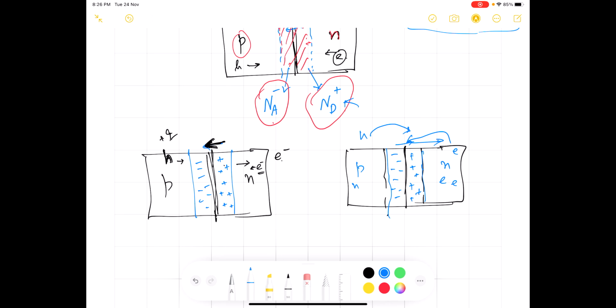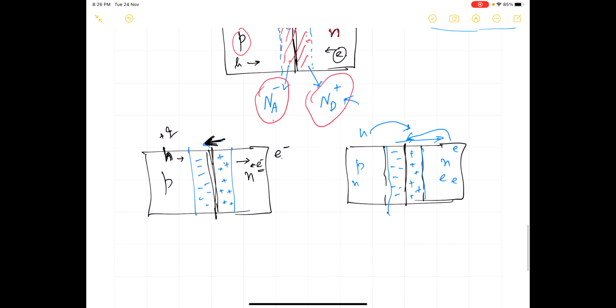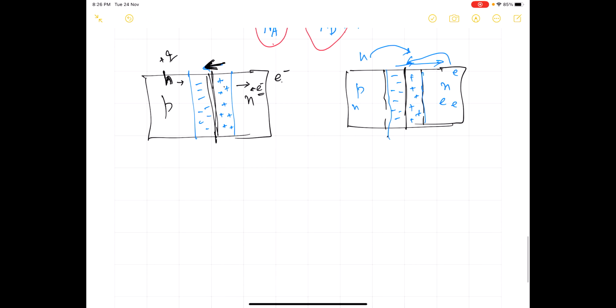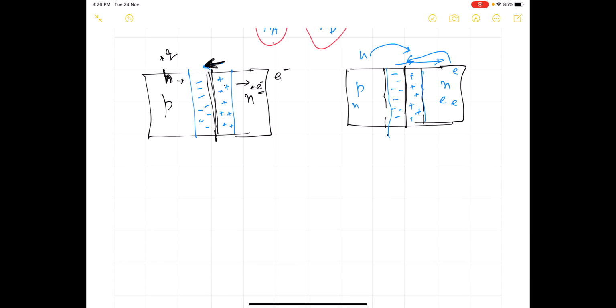Now I'll show you the band diagram of the p-n junction and how it will look. If you recall, in the second or third lecture I showed that if you plot the E-k diagram, that is called the band structure. But in this case we are plotting the band diagram, which is much easier to understand, so we stick to the band diagram.